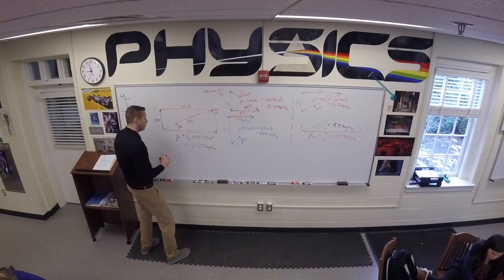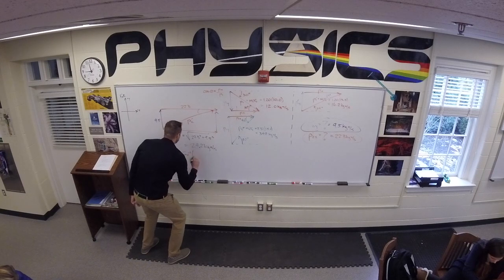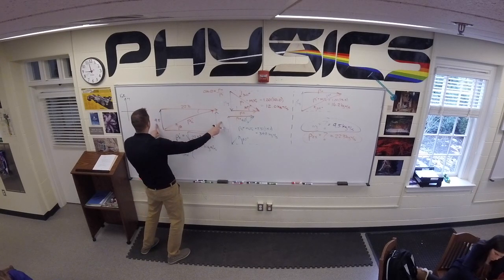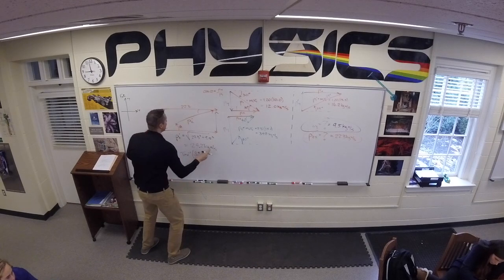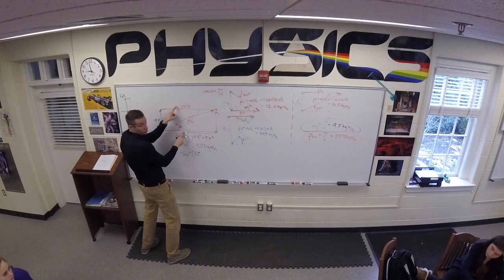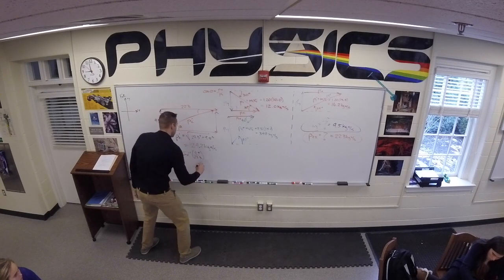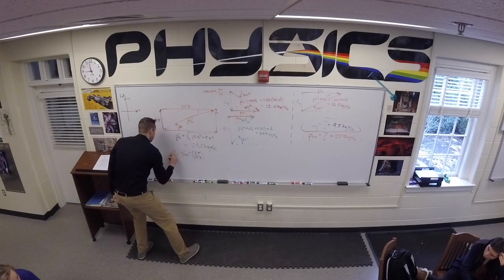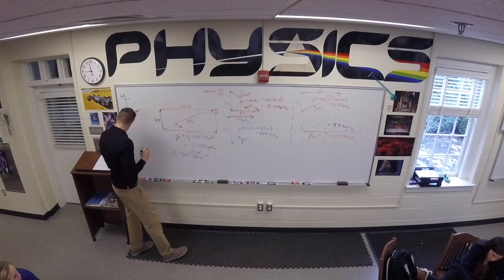But I like tangent. So the inverse tangent of the opposite, which happens to be the purple, 9.5, divided by the adjacent, the orange, 22.3. Theta is the inverse tangent of those things.